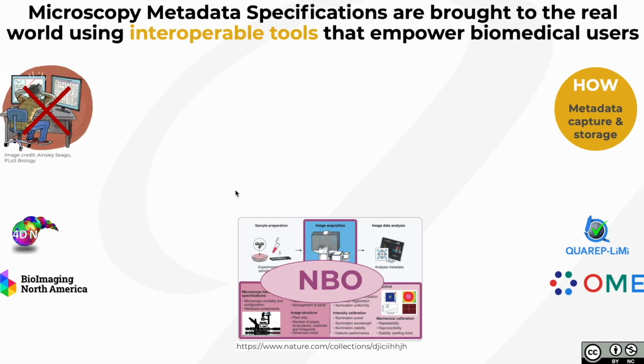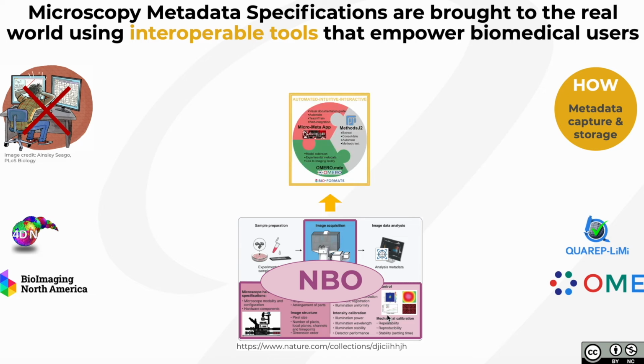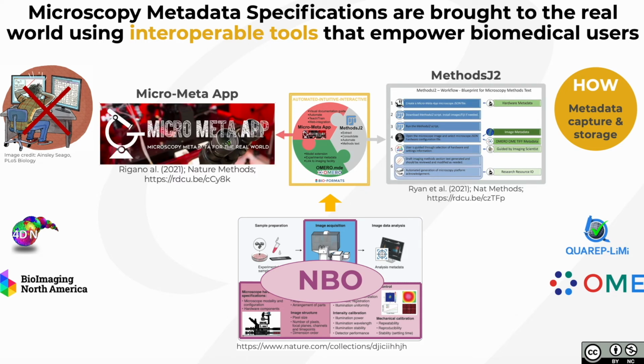Rather, here I'm going to concentrate on what needs to be done to bring the specification to life. And what we need is interoperable software tools such as MethodsJ2 and Micro-Meta App, which you can learn more about in a tutorial this afternoon.